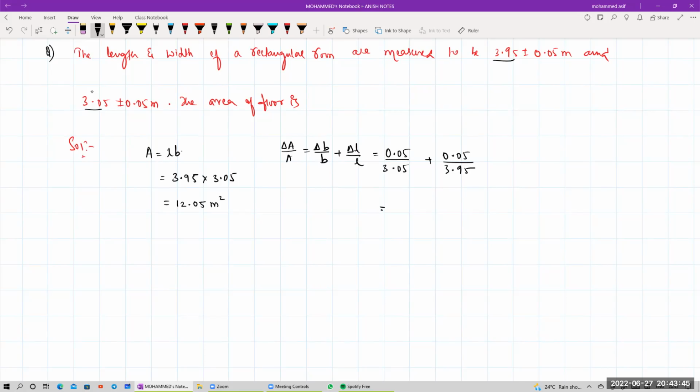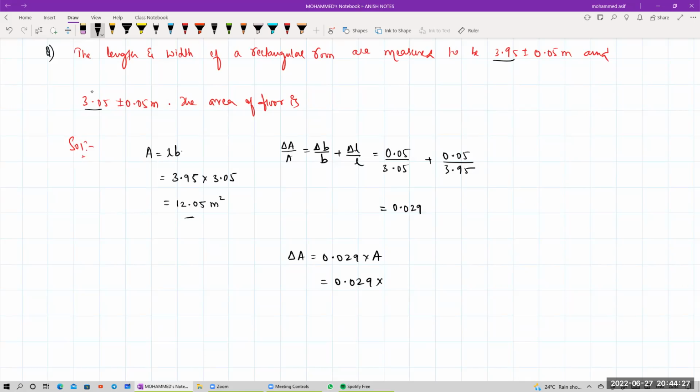Take the calculator and tell me what it comes to. 0.029. That means delta A will be equal to how much? 0.029 into the area.